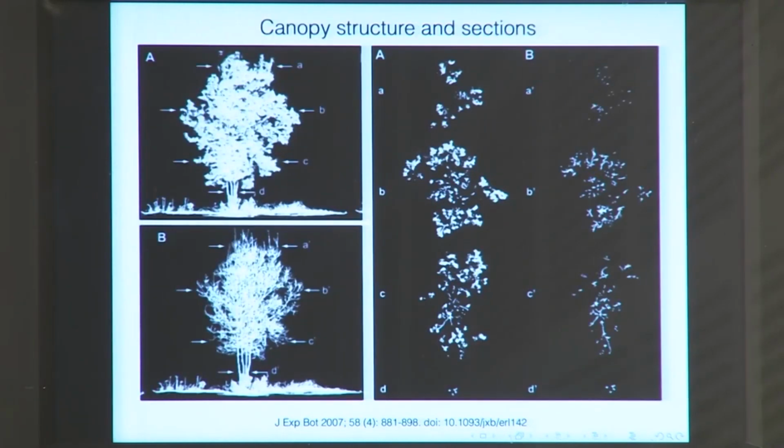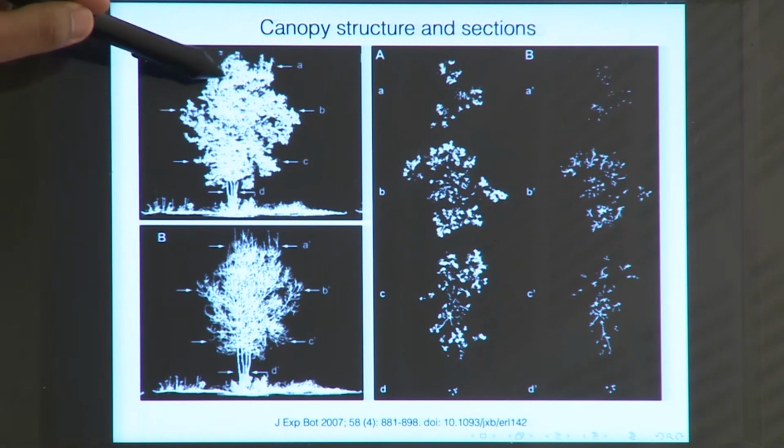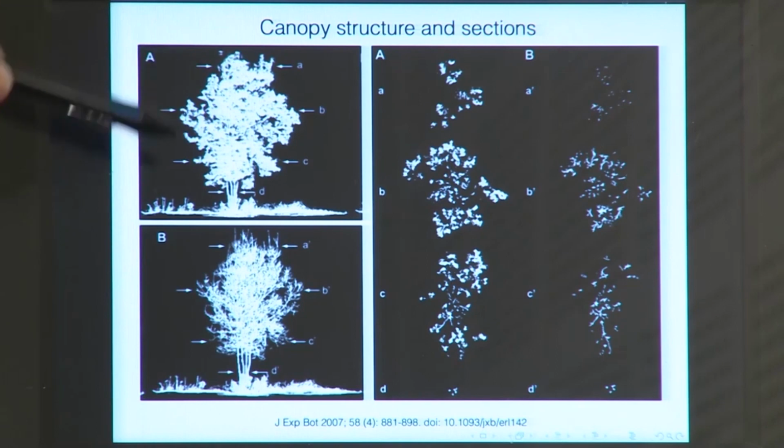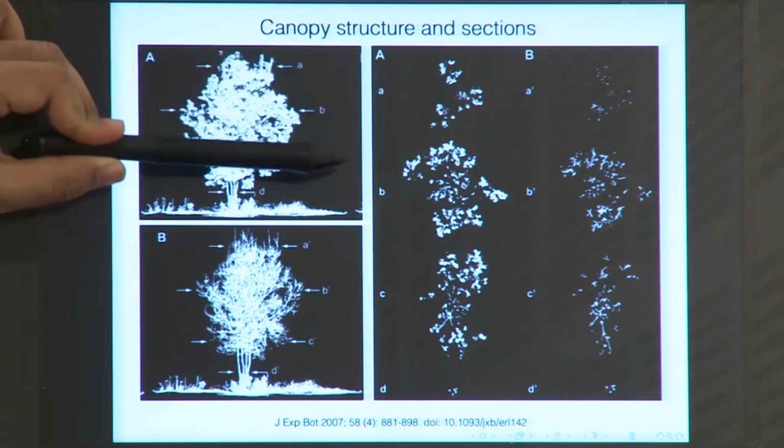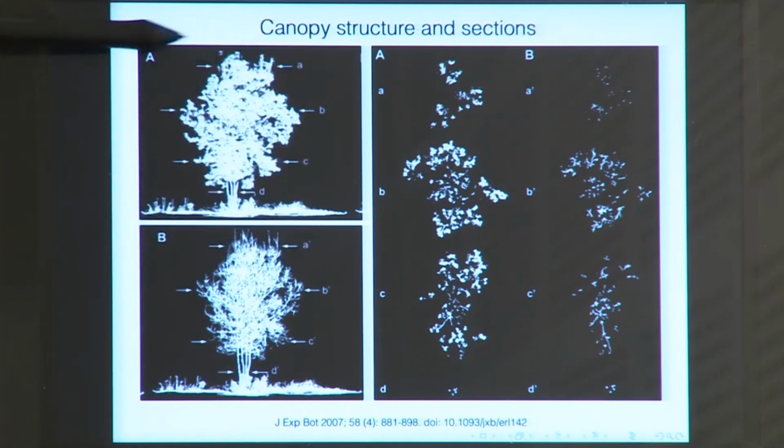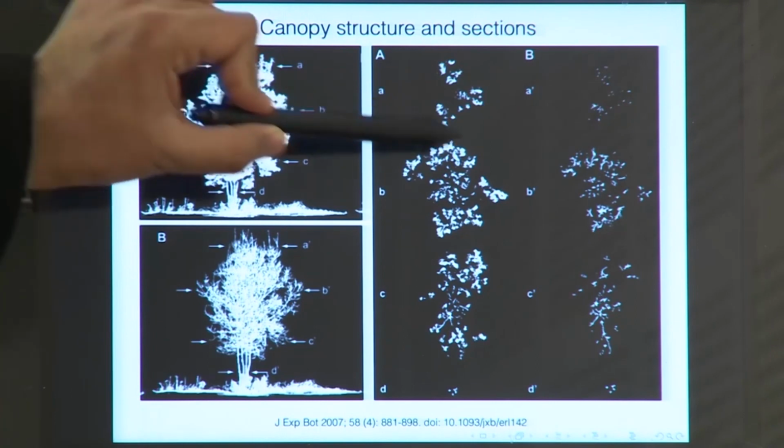Second, you can study the canopy structure and the sections, because if you go for higher resolution imagery, say a discrete return measurement, then every one of these points is represented in your 3D model. And once you have this representation, you can ask your computer to create a section of these different regions. Like this AA section would look like this, the BB section is looking like this.